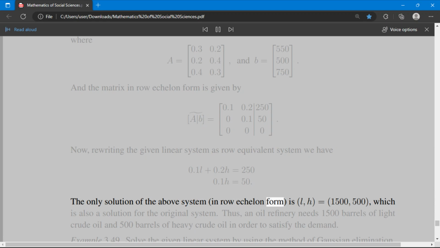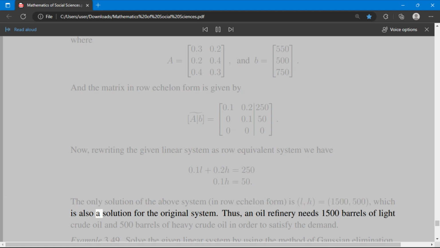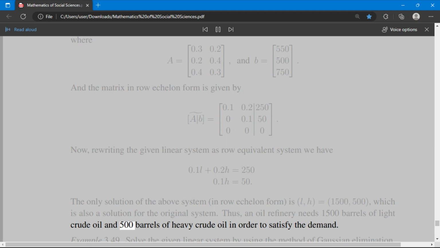The only solution of the above system, in row echelon form, is (L, H) equals (1500, 500), which is also a solution for the original system. Thus, an oil refinery needs 1500 barrels of light crude oil and 500 barrels of heavy crude oil in order to satisfy the demand.